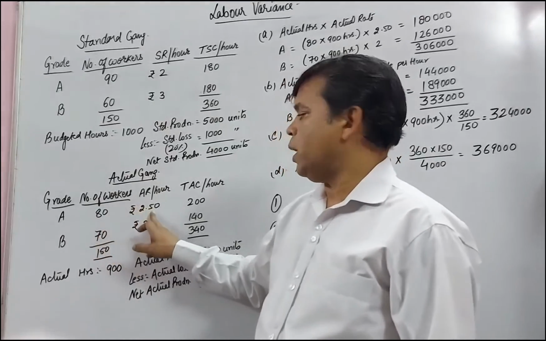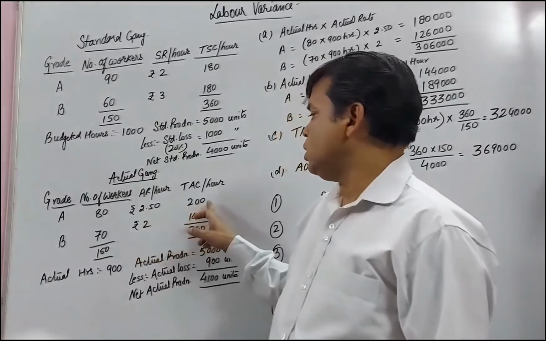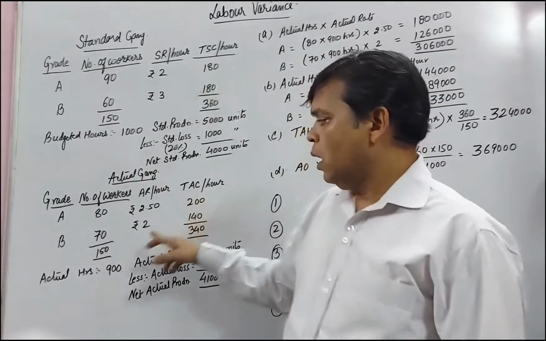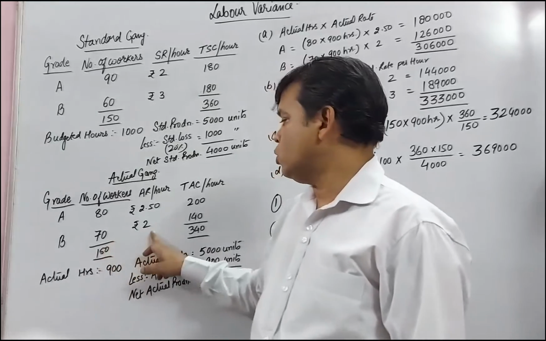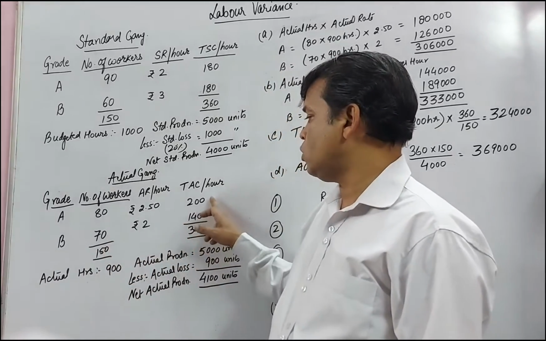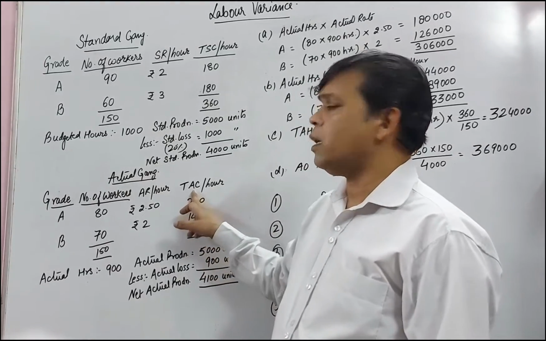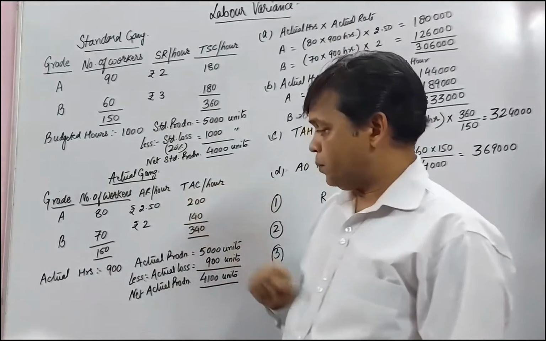So 80 multiplied by 2.50 is 200 rupees, and 70 multiplied by 2 is 140 rupees. So 200 plus 140 gives you 340. 340 is the total actual cost per hour.